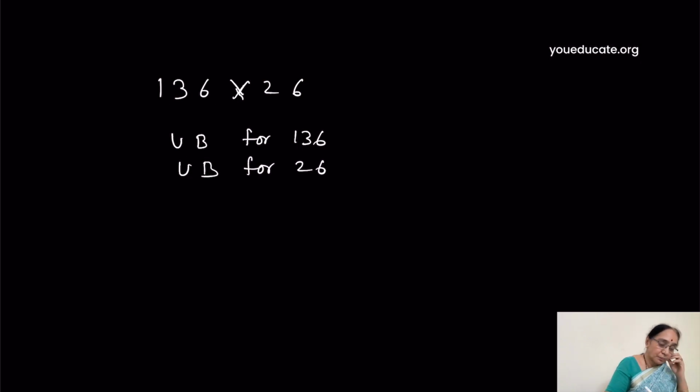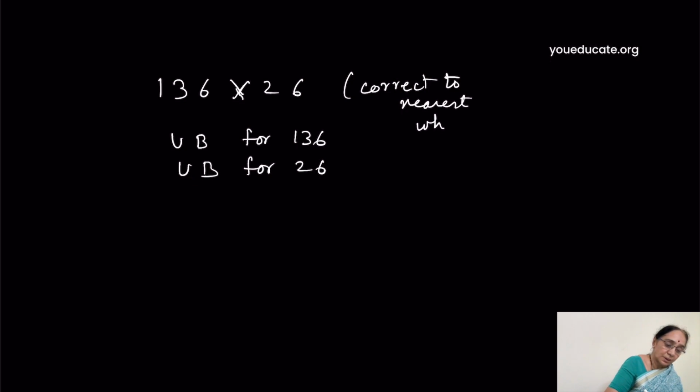The upper bound, because this is given correct to the nearest whole number, nearest integer, so I have to add 0.5 to both. So the upper bound will be 136.5 and the upper bound for 26 is 26.5.